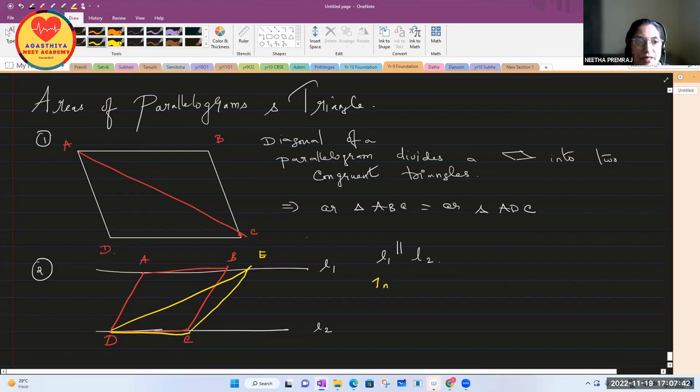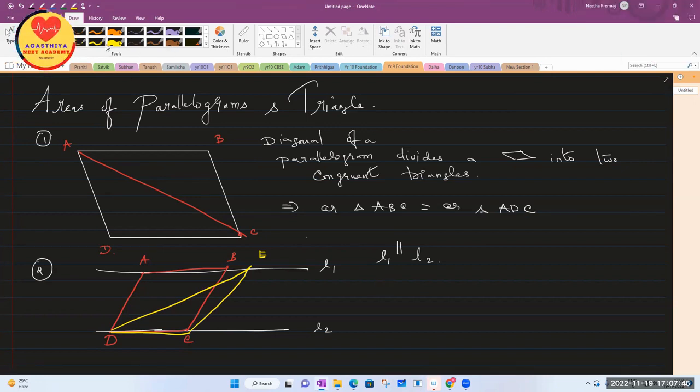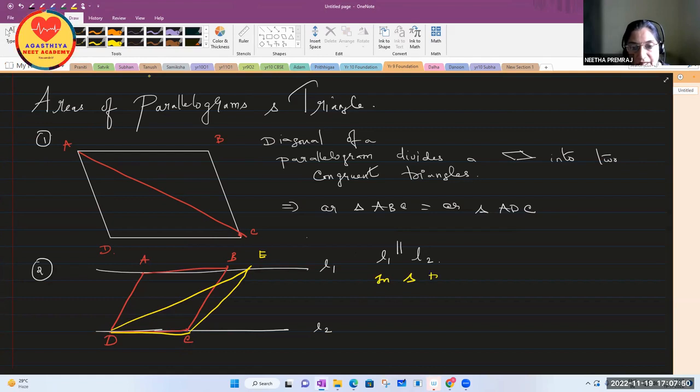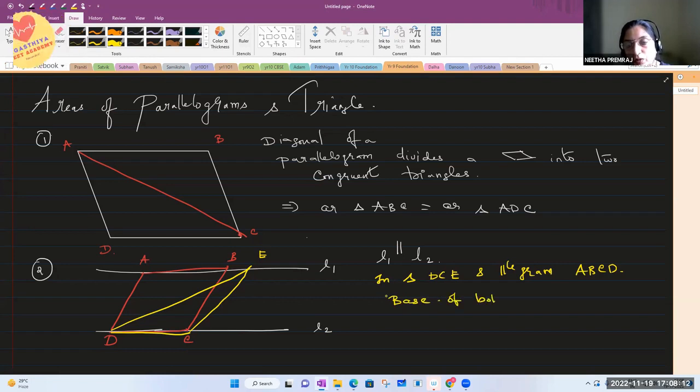there is a triangle and a parallelogram, isn't it? Yes, ma'am. In triangle DCE and parallelogram ABCD, the bases are matching, isn't it? DC, the bases are equal. Base of both the figures are equal.